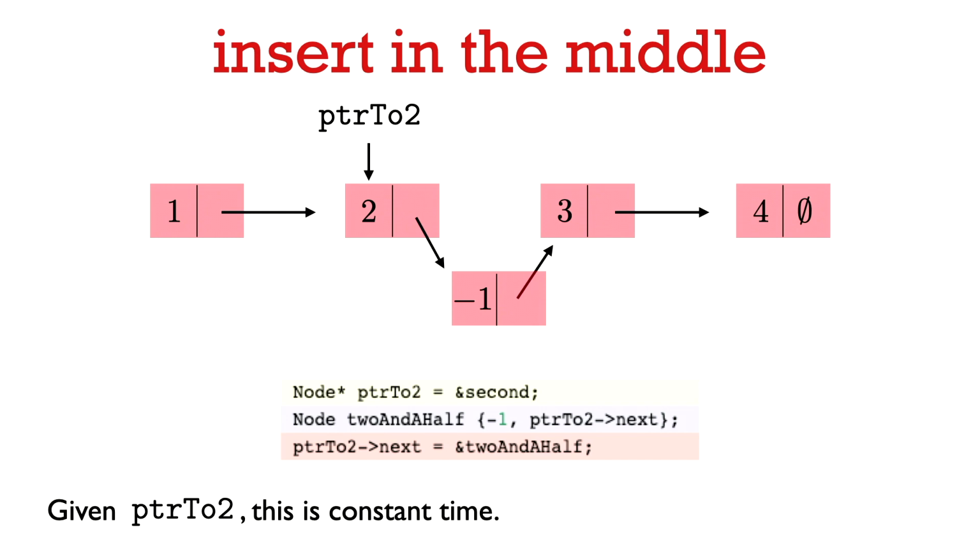And to complete the procedure, we just have to update pointer to 2 pointing to next to be equal to the address of our new node. So that's this line of code. Pointer to 2 pointing to next is equal to the address of 2.5. So now we have successfully inserted a new node between the second and third nodes in constant time.